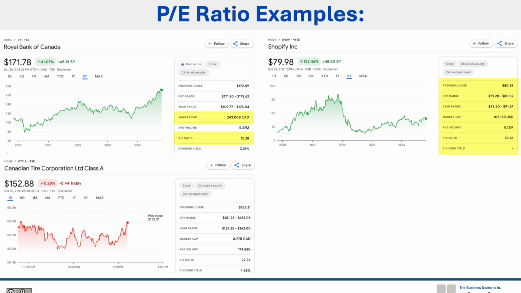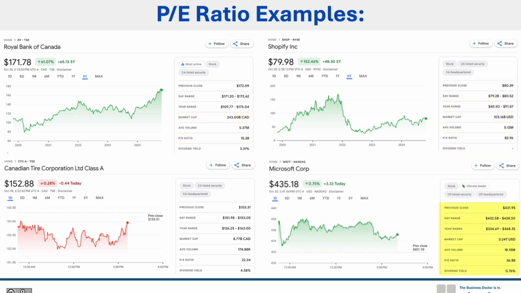So when you compare Shopify to the Royal Bank of Canada, which is an established institution, I believe well over 100 years old, and has a market capitalization of $243 billion, which is over twice the market capitalization of Shopify at $103 billion, does it make sense that Shopify is trading at 83 times earnings versus Royal Bank of Canada's 15 times earnings?